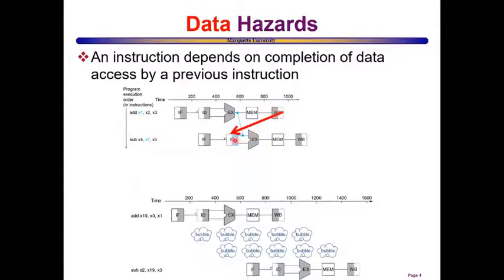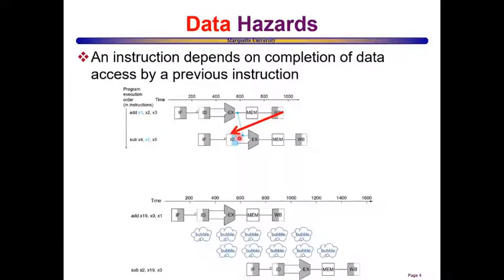However, if we operate the pipeline as we talked before, the second instruction would be fetched and pushed into the pipeline and would undergo its execution through the pipeline stages as shown over here. It's during this clock cycle where the execution of the subtract instruction would read the register X1. However, the result of the previous instruction will not be written into the register until later down the line at clock cycle number 5.